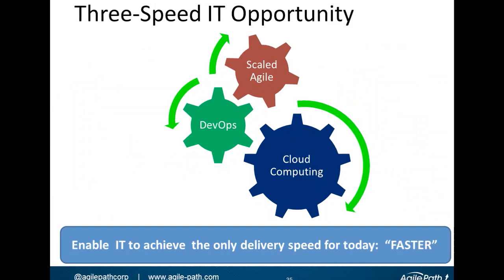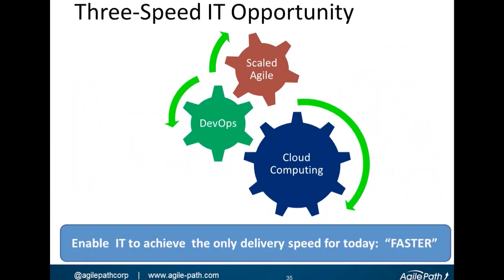You need a DevOps model to take application delivery and quickly get things provisioned into production. That's all about what DevOps is, with some of the continuous integration and other automation tools that are out there. But then you put scaled Agile on top of it, and you've got a three-scoop ice cream cone of goodness here that can result in nothing but faster delivery of business capabilities. I hope that metaphor worked.